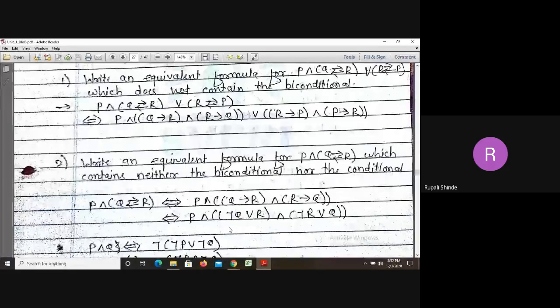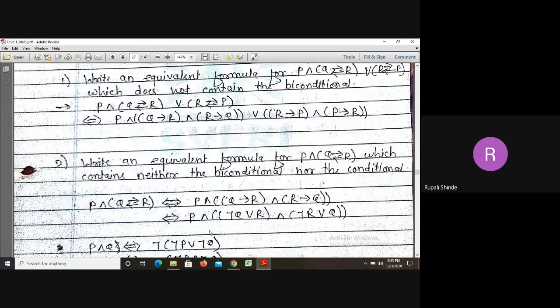That's why negation and or, and the second one negation and and, are called functionally complete sets of connectives, because any formula containing any conditional or biconditional we can convert into another equivalent formula which will contain only negation and or, or negation and and.